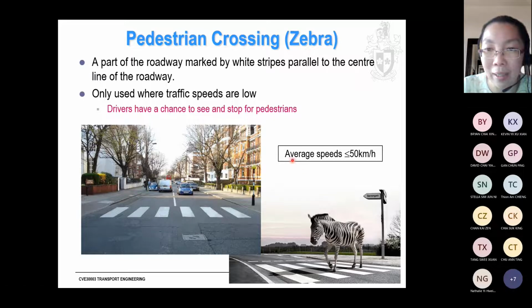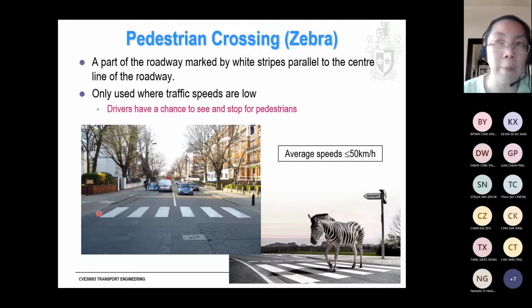All right, now we see that low speed, how low? Average speed less than 50 kilometers per hour, then we can make use of pedestrian crossing, zebra crossing. And for zebra crossing, this is not regulated by traffic signals. Some zebra crossings are located at traffic signals, say a signalized intersection. Those are not zebra crossings anymore.